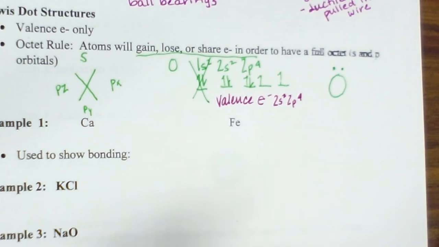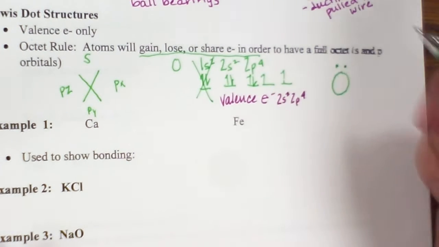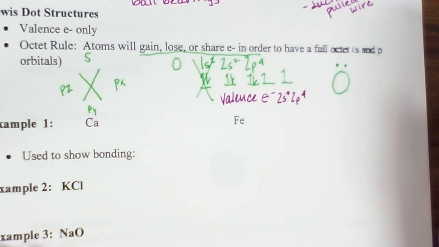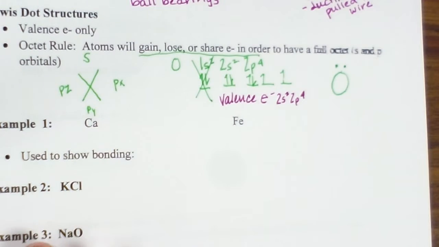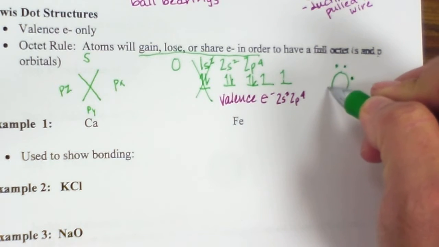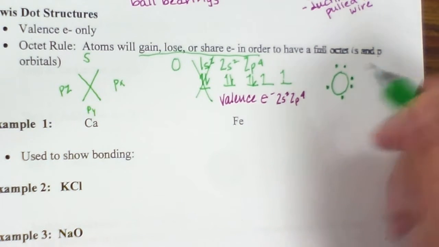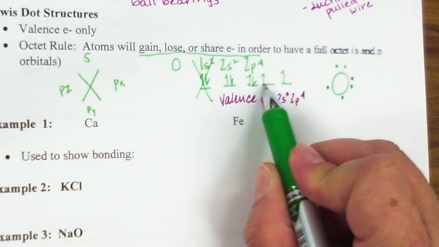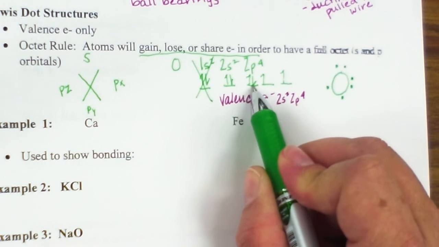They are only the electrons in the outermost energy level. So I'm going to start with my 2s2, and then what I teach, and you can do it however you want, is exactly like my p orbitals. P1, P2, P3, P4.